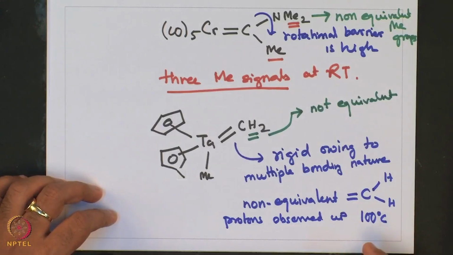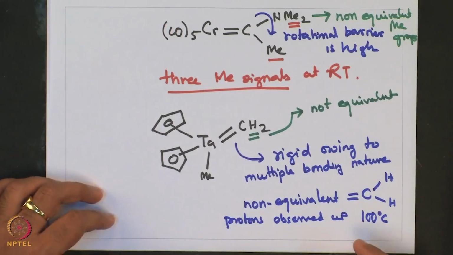So, what we are seeing is that proton NMR is providing some extremely useful insight about the dynamics of these carbene compounds in solution, particularly with respect to the metal heteroatom rotation, or with respect to the metal carbenic carbon rotation, by looking at the equivalent or non-equivalent nature of the substituents on the carbenic carbon or of that on the heteroatom.